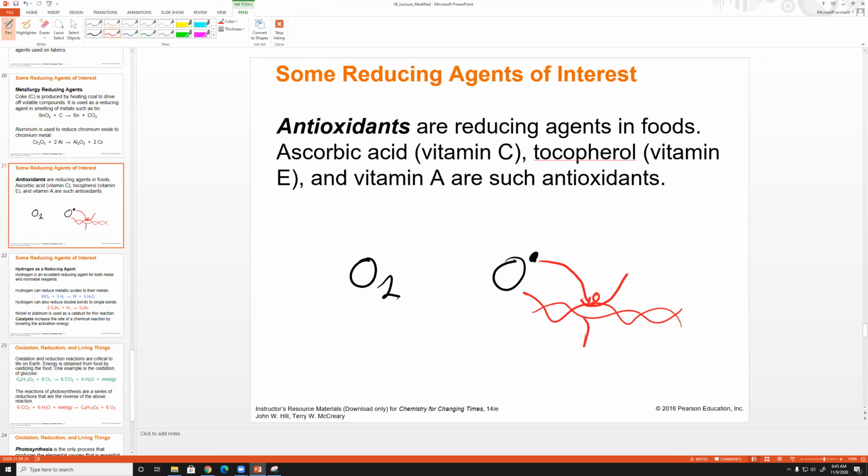Either way, it complicates. It's kind of like having a speed bump on the road. If you have enough speed bumps, it could cause your axles to fall off or your wheels to get misaligned. And over time, you could die because you have mutations and you can get cancer. So that's very extreme. But these free radical oxygens are the #1 killer of people because they cause so many different diseases.